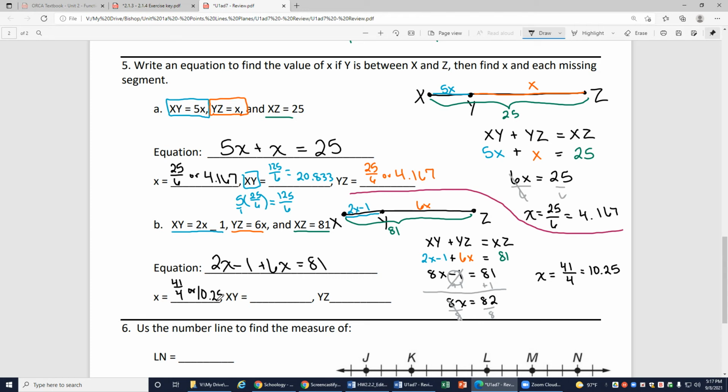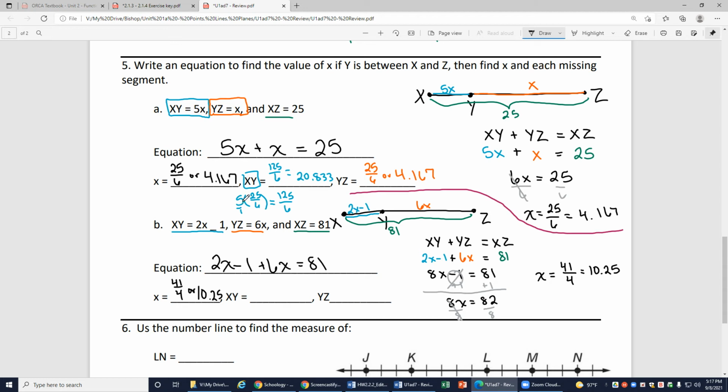Now in this one, I don't mind using the 10.25 when I plug back in because 10.25 is what we call a terminating decimal. There were no numbers after that 5 going on in the calculator. Whereas up here, right after this 833, it just kept going 33333, and then here it kept going 7 or 666666666. So notice when I plugged it in, I used the fraction version, so I wasn't going to be taking this rounding error and multiplying the rounding error 5 times.